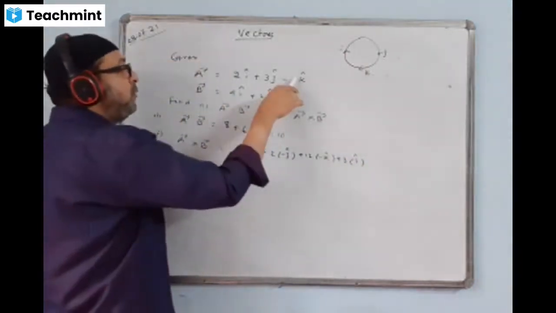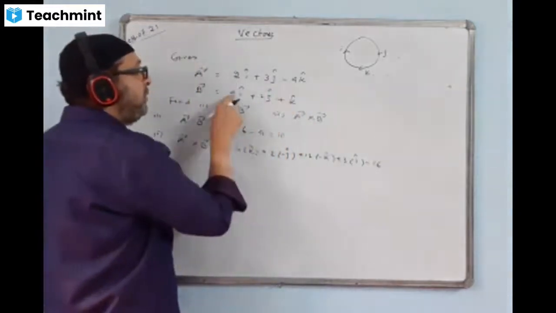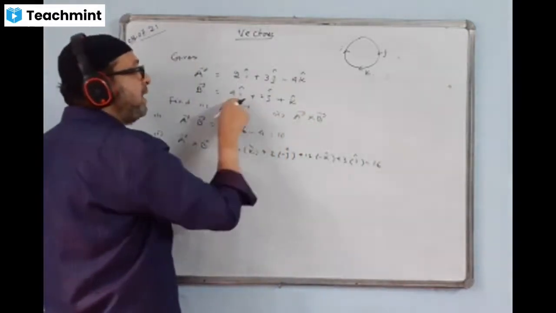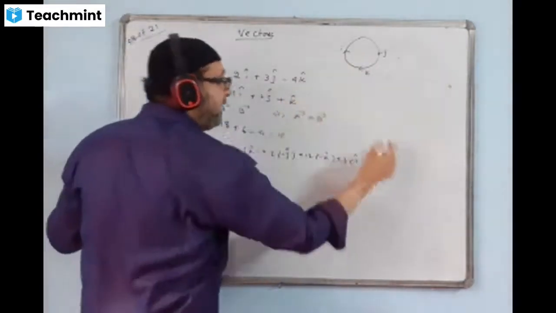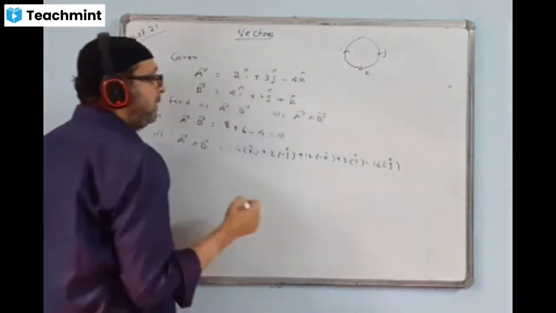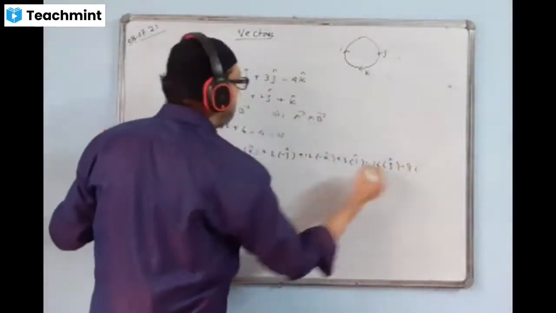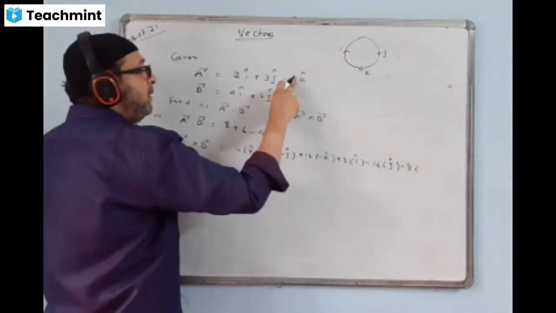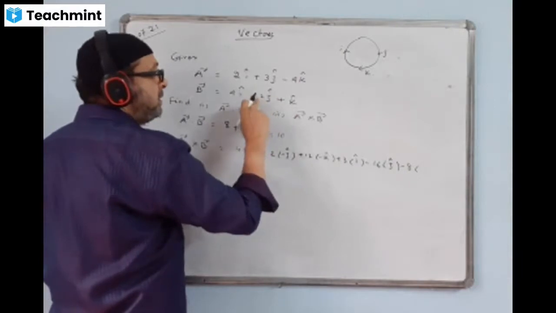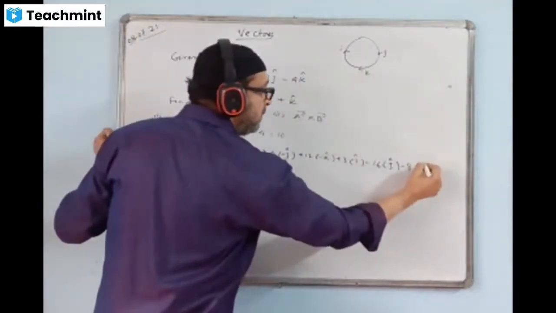Then with this I will do now, this into this will become minus 16, minus 4 into 4, minus 16, k cross i gives j. Then I'll multiply this with this now, minus 8, 4 twos are 8, sign is minus, k cross j gives minus i, like this.